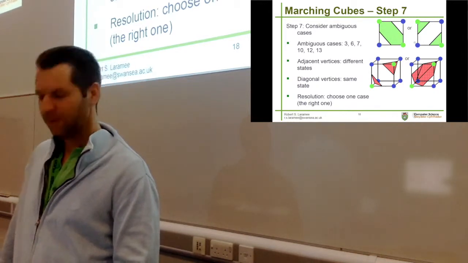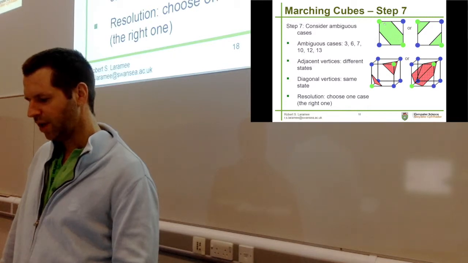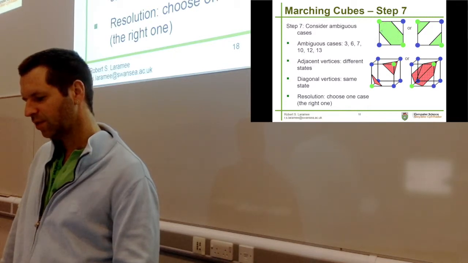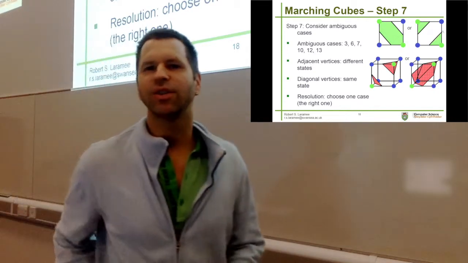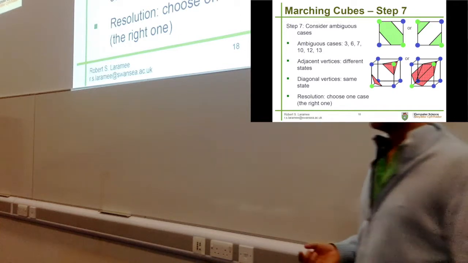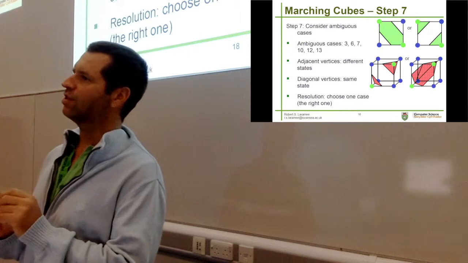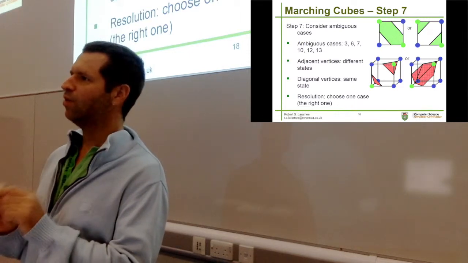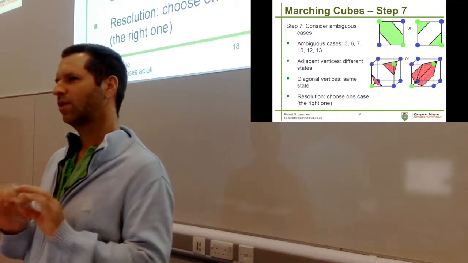But the way they're interpreted, one is interpreted as 2 isocontours passing through this way, and one is interpreted as 2 isocontours passing through this way. And they're both actually valid interpretations. They're ambiguous. Because remember, all we're doing is looking at the edge intersections. The algorithm is always looking along the edges of those cubes and those squares.